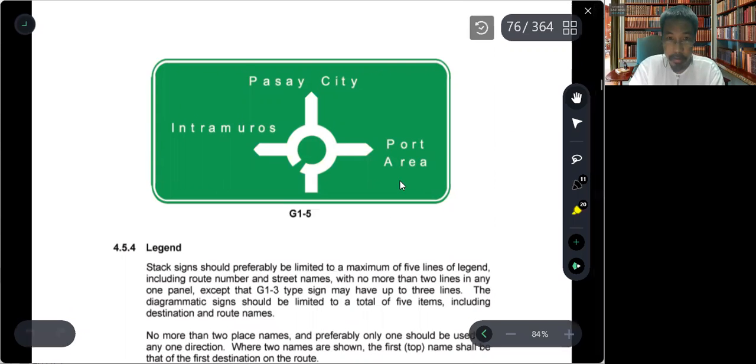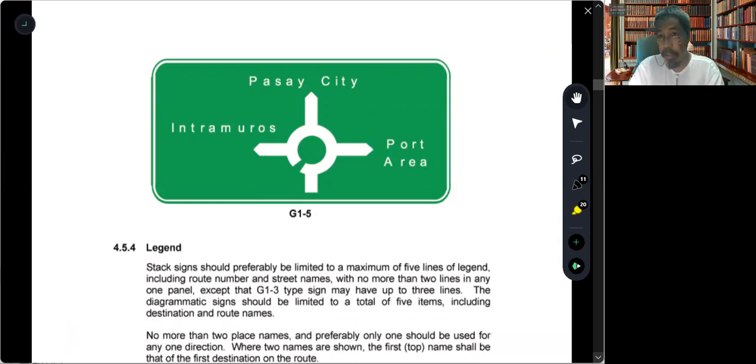However, there is no DPWH marking. There is no guide sign that looks like this in that area. Okay, I don't know why. Maybe it is not considered as national road. It is only considered as municipal road. That's why, it is national roads that are the type of roads where DPWH enforces their rules.